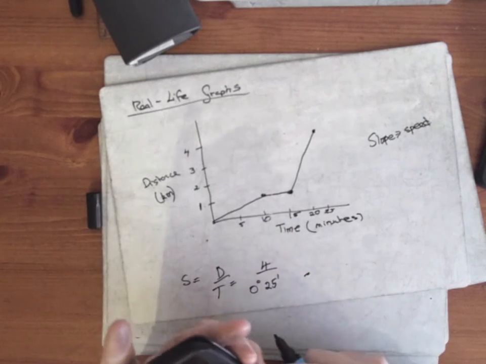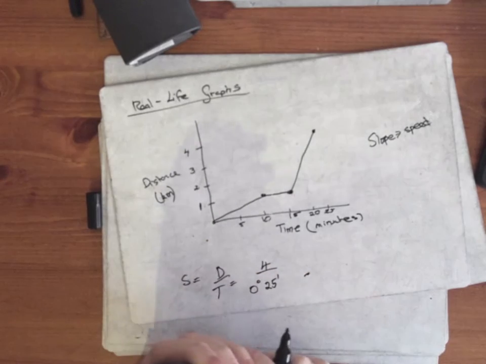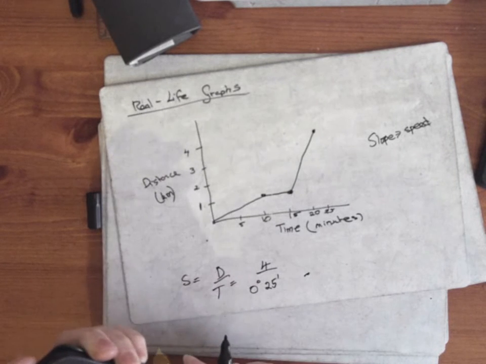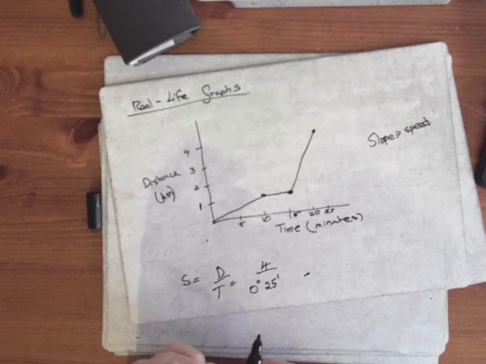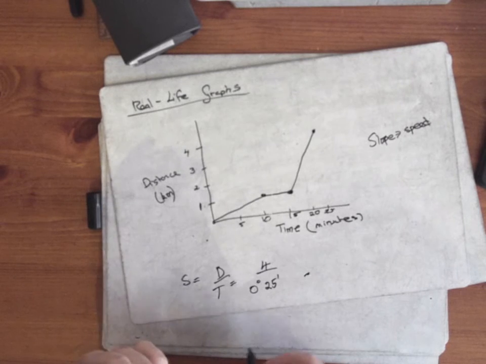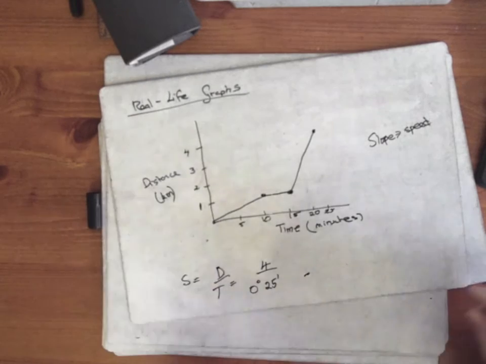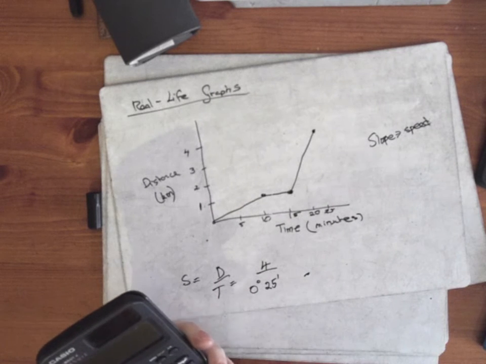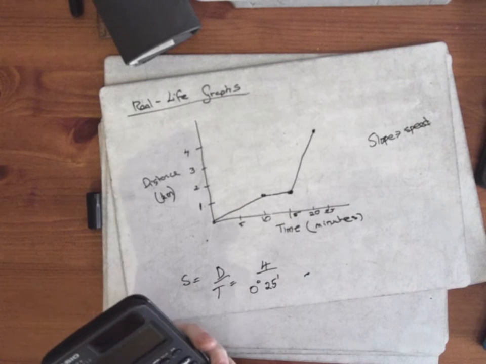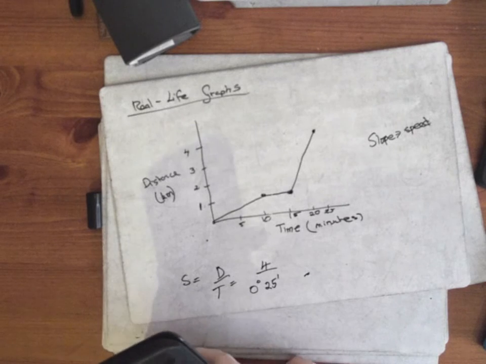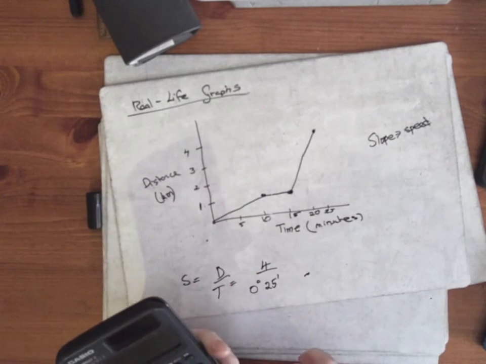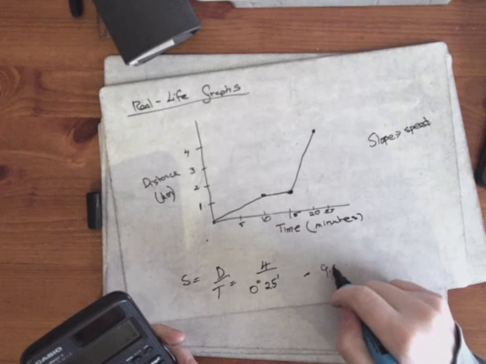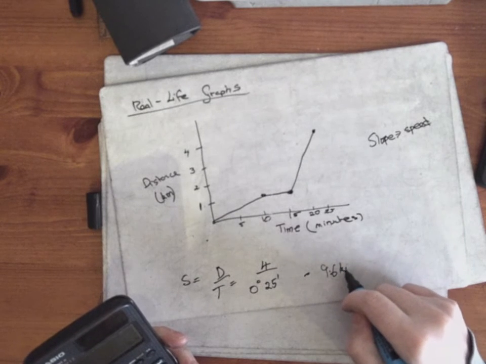Into the calculator: 4 over 0 hours and 25 minutes equals 9.6 kilometers per hour.